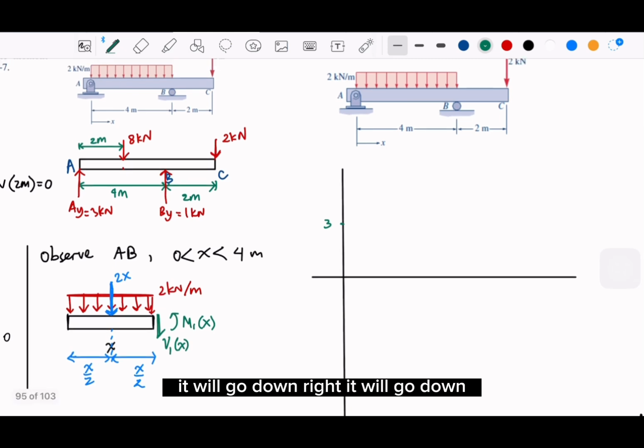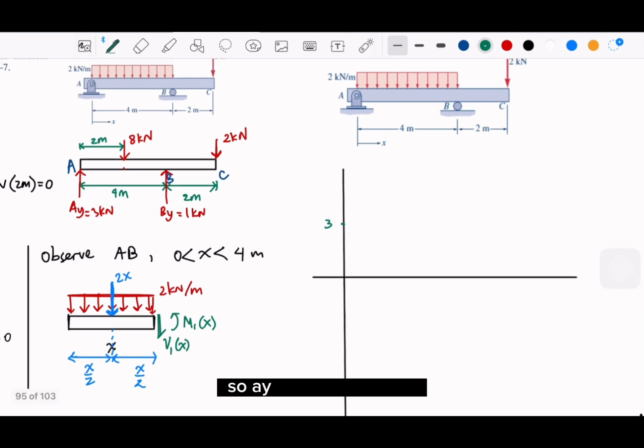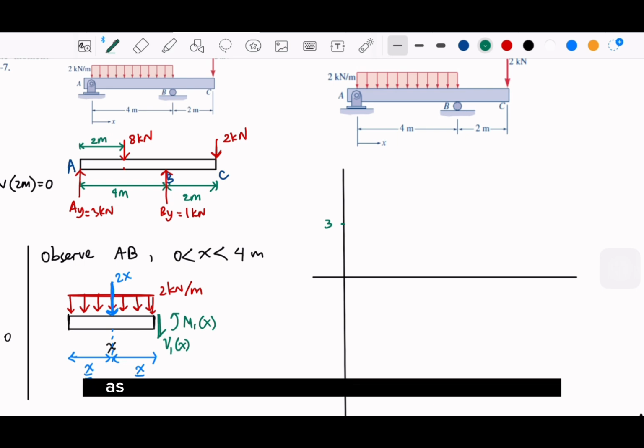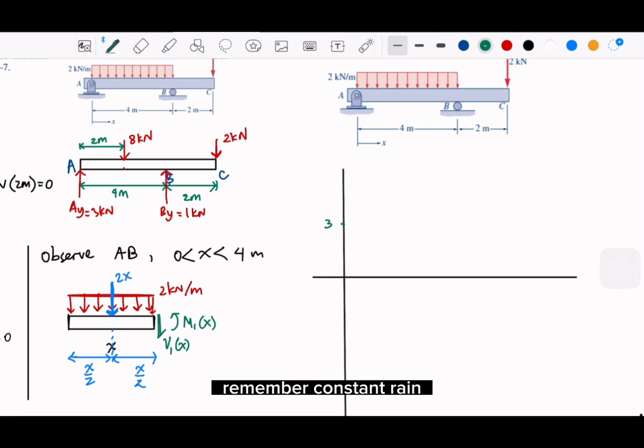So Ay is 3, and as we move through the distance of 4 meters, we see a load distribution with a constant rate, and it is decreasing. So we could think of it like a line equation, or linear. The slope is a constant, right?